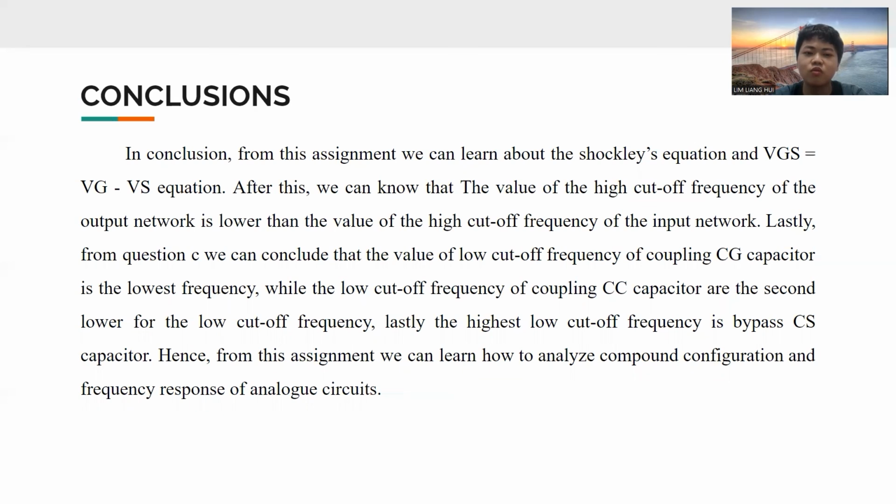Lastly, from question C, we can conclude that the low cutoff frequency of the coupling CG capacitor is the lowest frequency, while the low cutoff frequency of the coupling CC capacitor is the second lowest. Lastly, the highest low cutoff frequency is the bypass CS capacitor. Hence, from this assignment, we can learn how to analyze compound configurations and the frequency response of analog circuits.